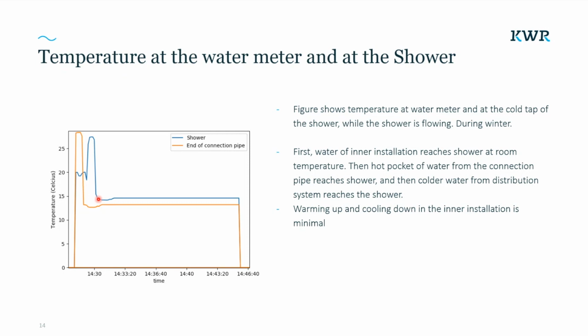As this is the same water that flowed through the water meter at this time, we can see that it is roughly still about an extra 2 degrees Celsius heated up somewhere between the water meter and the shower, which is simply due to the room temperature surrounding the pipes.